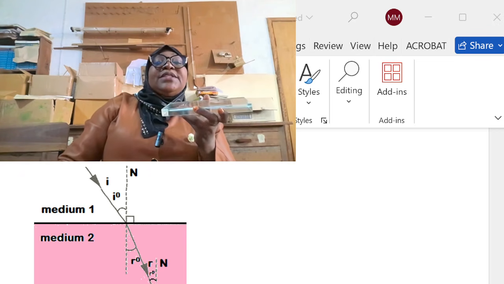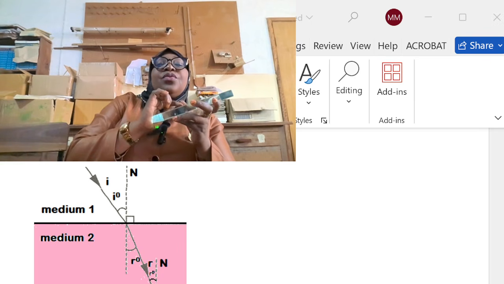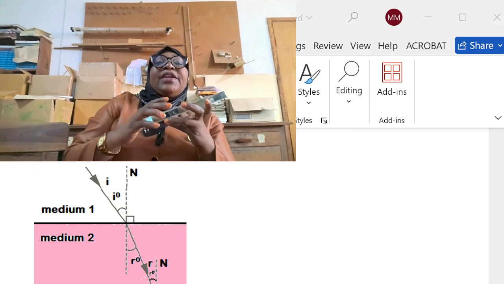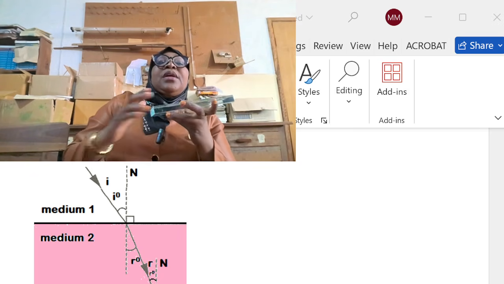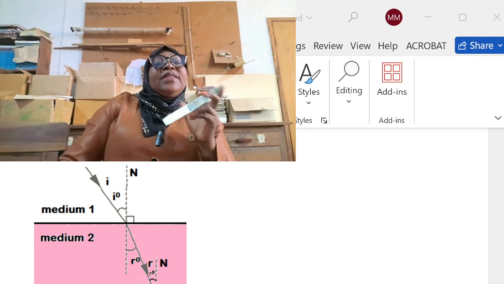Another law says that the sine of the angle of incidence divided by the sine of the angle of refraction is equal to a constant.